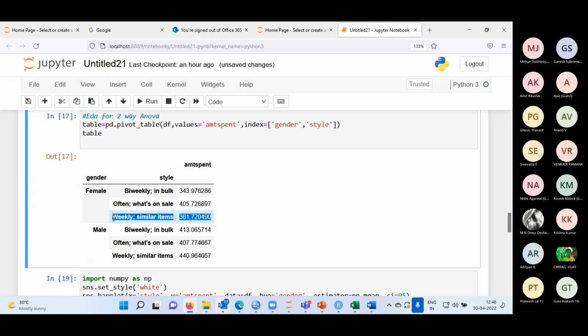So male weekly customers tend to be the most profitable. Female weekly is 361, right? So my apologies, female bi-weekly, because they're spending 343, their number is lesser. So female bi-weekly customers tend to be the least profitable in the entire segment.